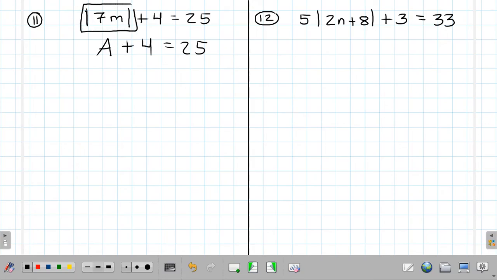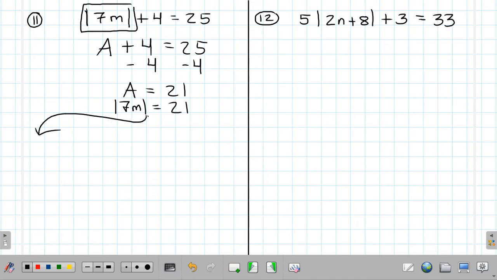We need to get the absolute value of 7m by itself. If we change that to just a, then all we have to do is subtract 4. So we get a is equal to 21, which means the absolute value of 7m is equal to 21.